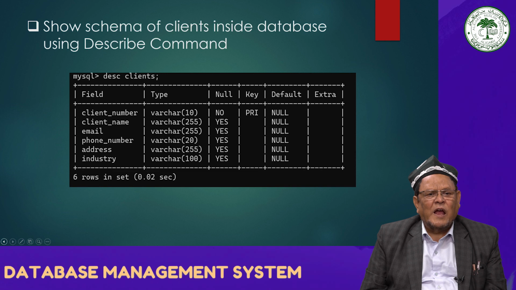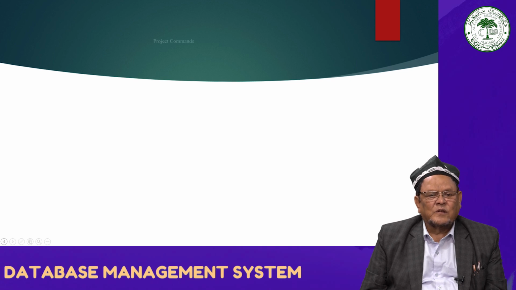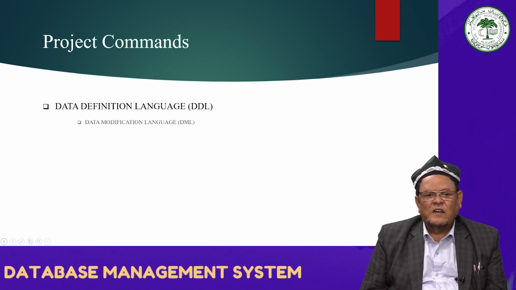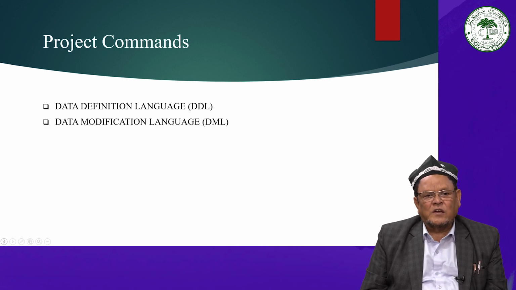In this way we make a schema for client inside the database. The project commands are of 2 types: data definition language DDL and data manipulation language DML. So these are the 2 types of commands we have used, DDL and DML.